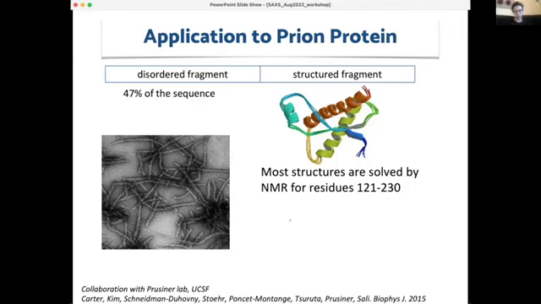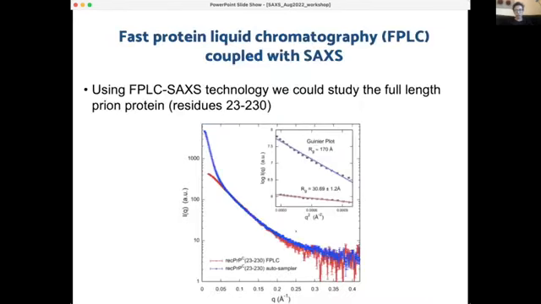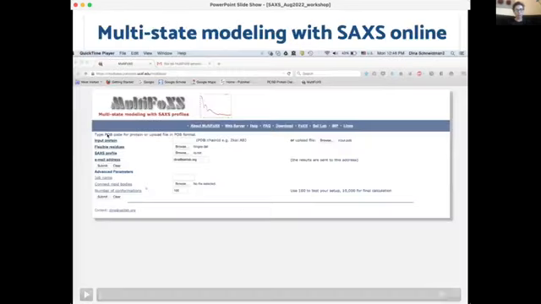It's also not very tightly packed. And so those are NMR structures. And so to get SAXS data, we had to use obviously FPLC SAXS technology, otherwise it aggregates. And here you can see the difference. Red is monomer and blue is the one that aggregates without FPLC.